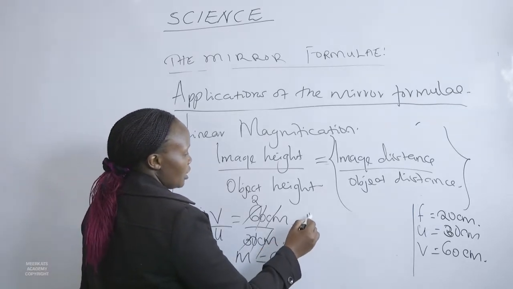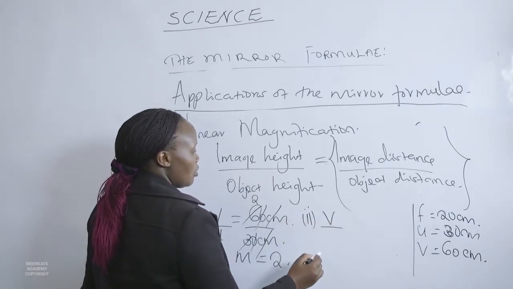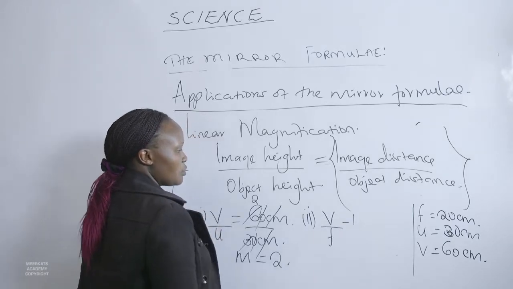Now the alternative that we have is to take V over F, then we subtract 1.